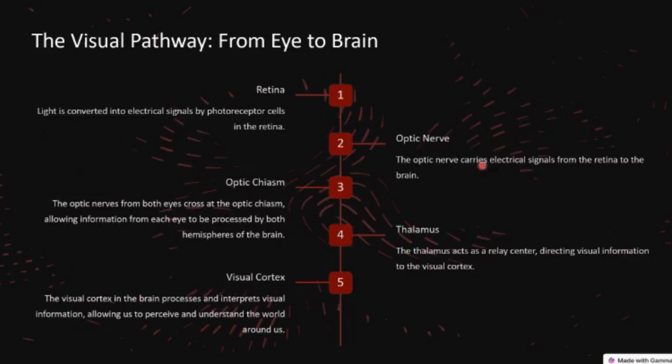Moving further to the visual pathways from the eye to the brain. The visual pathway includes the following structures. We have the optic nerve, which carries the information from each eye to the optic chiasma. We saw that they cross at the optic chiasma.